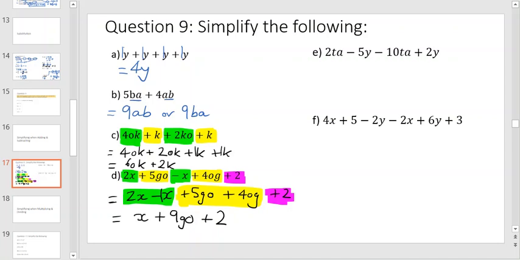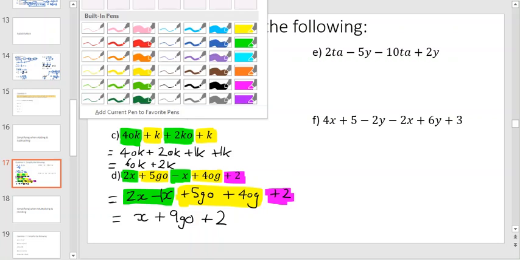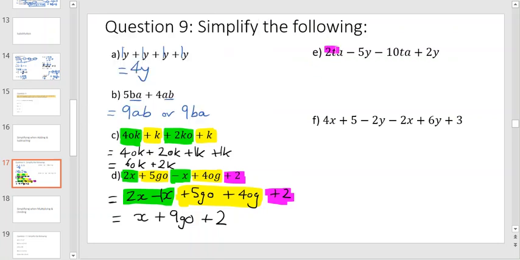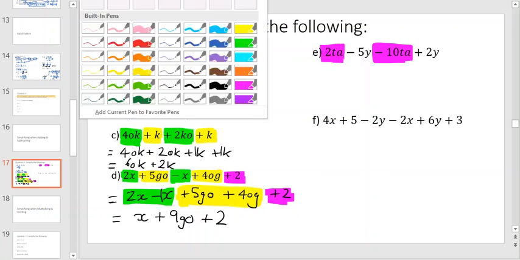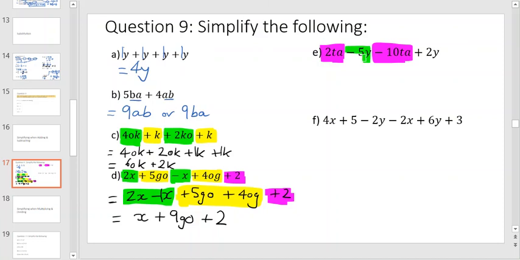Okay, for the E, once again, let's just keep highlighting. I like to highlight. So TA, any more TAs? Yep, there's TA there, and it's a takeaway 10, TA, so that takeaway is part of the 10. And the Y's, I'll highlight my Y's. I've got takeaway 5Y and +2Y.